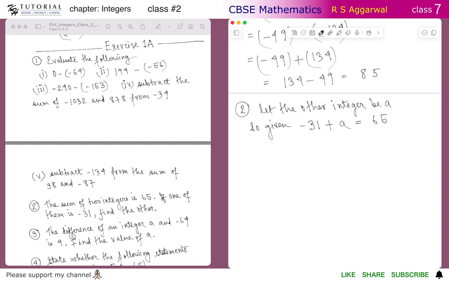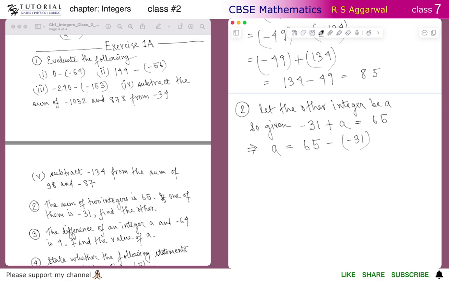So how do we find a from this? If we add a to minus 31, we are having 65. So from here we can say that a equals 65 minus minus 31.